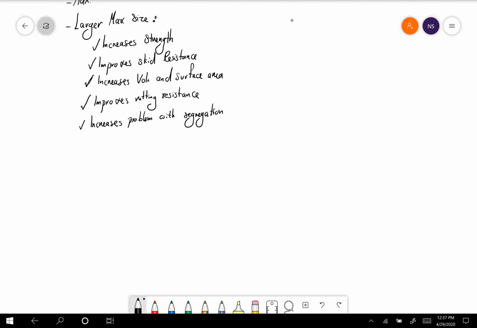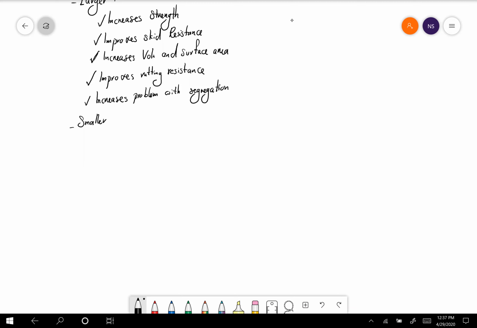And on the other hand, if you're using a smaller aggregate size, you will have less problem with segregation, so reduces segregation. It also reduces the road noise.